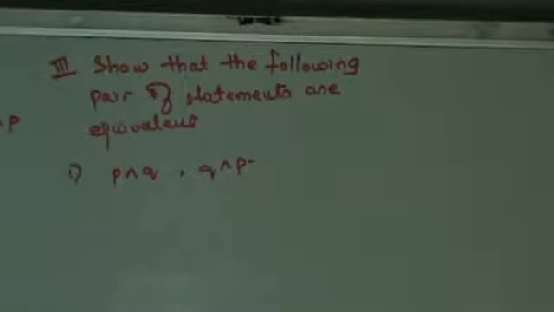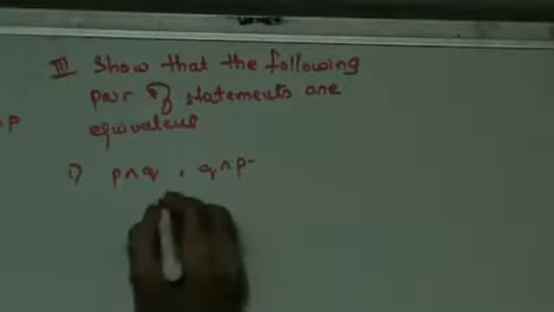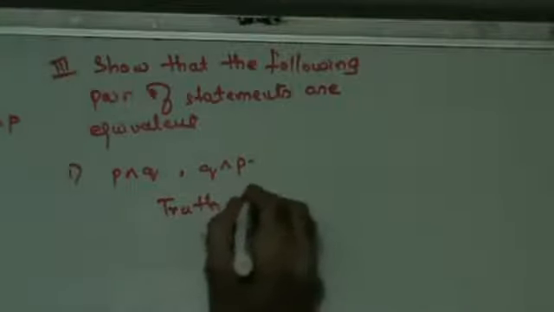Right? Now, let's make a truth table for this. Truth table, P, Q. You want P and Q. You want Q and P. Fine? T, T, F, F, T, F, T, F. Right?